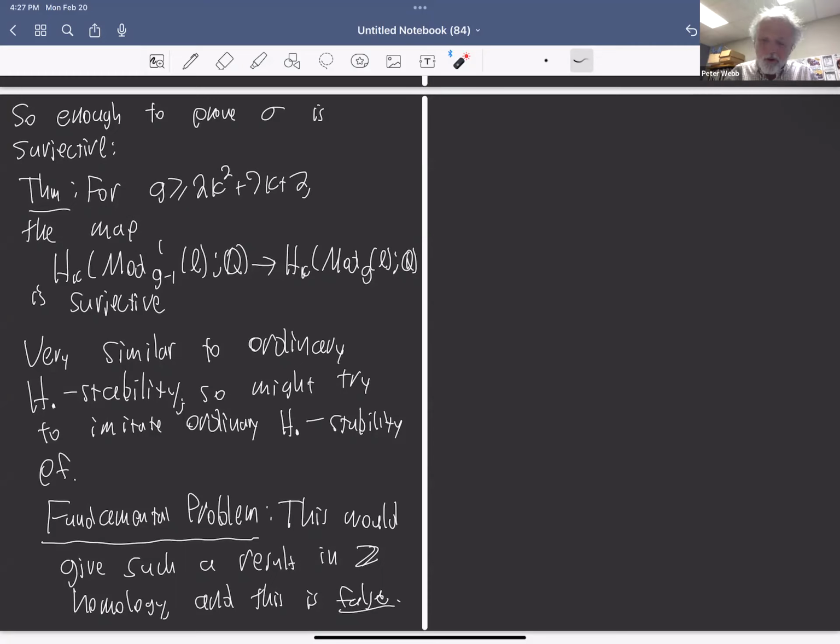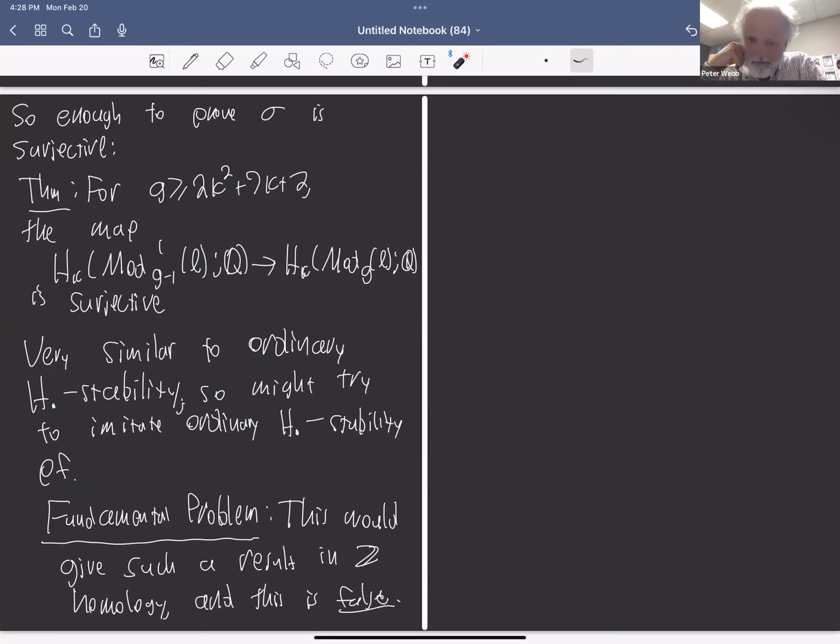So with ordinary homological stability, the setup you have is like FI modules or something, where you have a category FI, and you have this sequence of groups, and you regard the sequence of groups as a functor from whatever category it is to modules over some ring, and you want to try and show that functor is finitely generated, which then gives you a homological stability result.